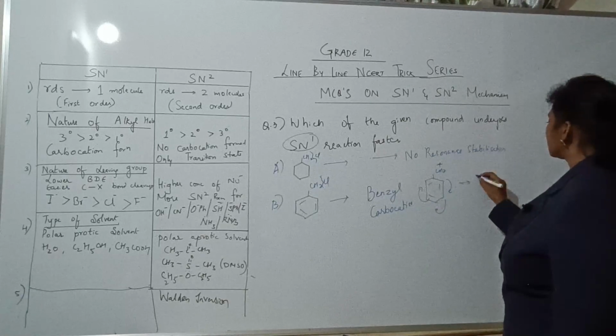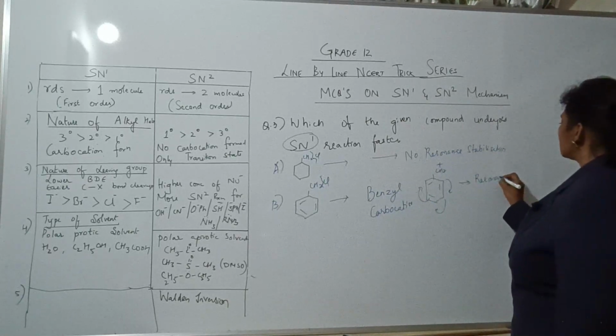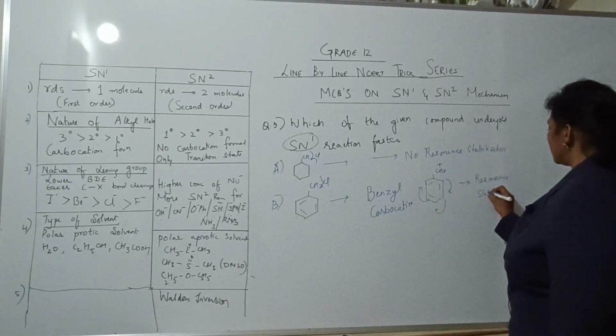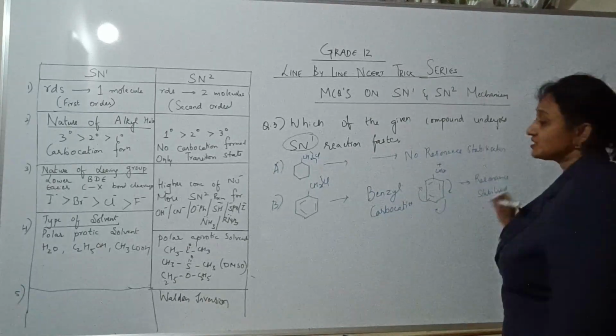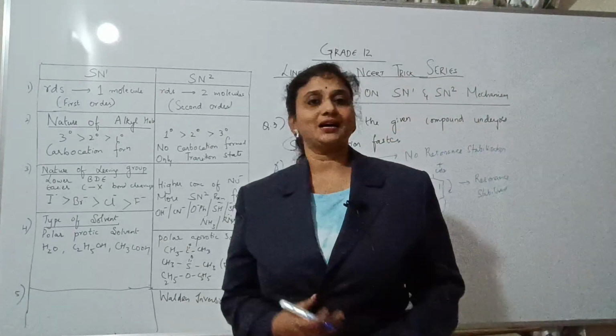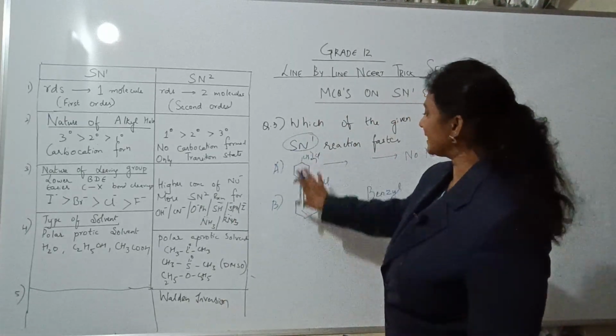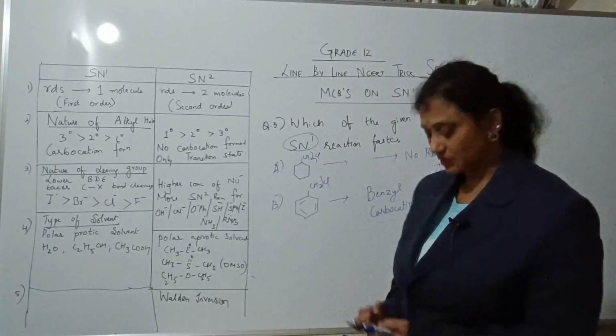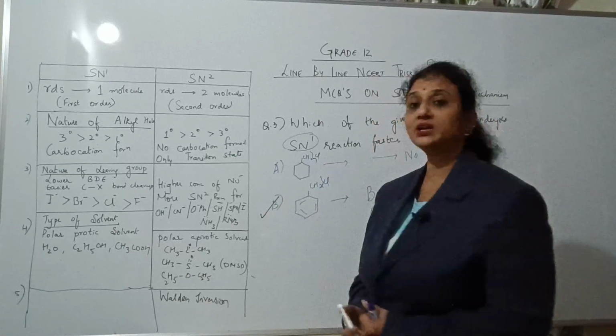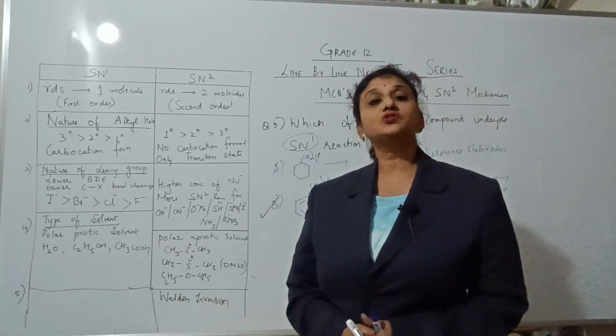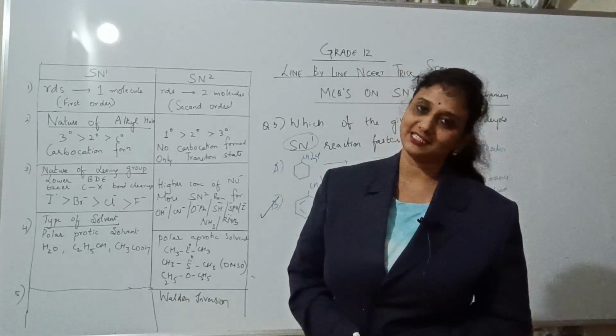So because of this, this is resonance stabilized. So which one is more preferred? The carbocation which is more resonance stabilized is more preferred. So compared to this and this, which will undergo SN1? Yes. Benzyl chloride undergoes SN1 because of its resonance stabilization.